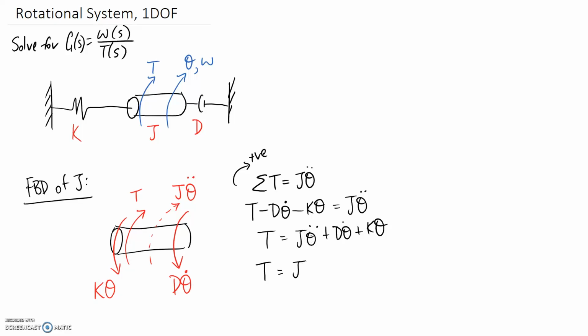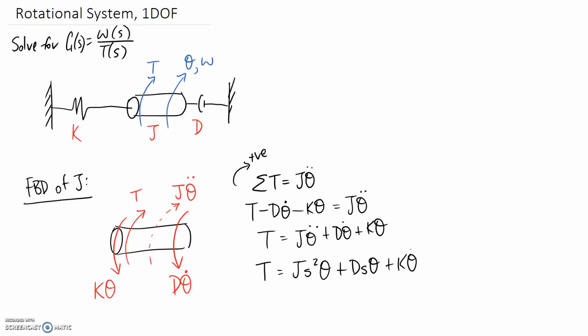And theta we know is a function of time. So Laplace transforming it, because it's got two dots, it gets two s's, and we leave the theta on the end. Again, you would capitalize this, but it's theta, so I won't bother. D is a constant that stays out the front. This one is going to get one s because it's got one dot, and this one, K is the constant, and this just becomes itself.